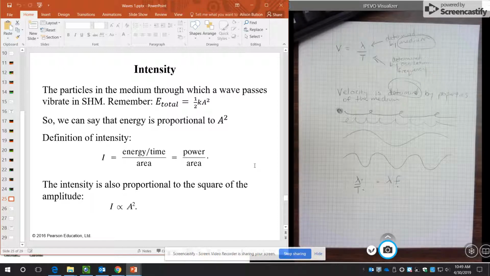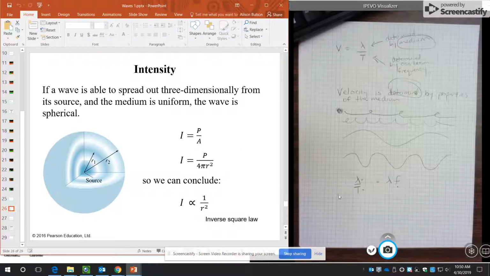This is particularly important for 2- and 3-dimensional waves. The intensity is also proportional to the square of the amplitude, as we said above. So intensity is equal to power per area, and energy itself is proportional to amplitude squared. So intensity is proportional to amplitude squared divided by area.